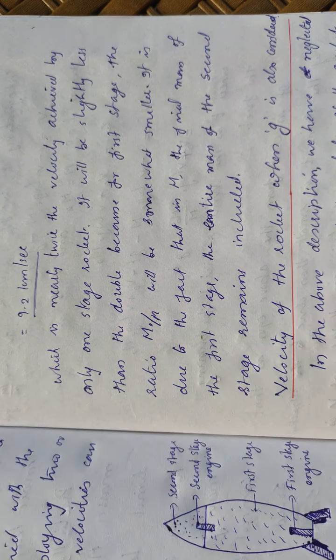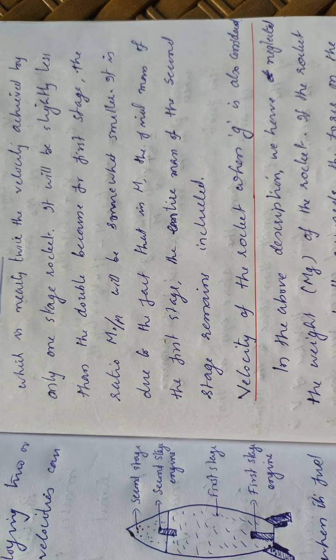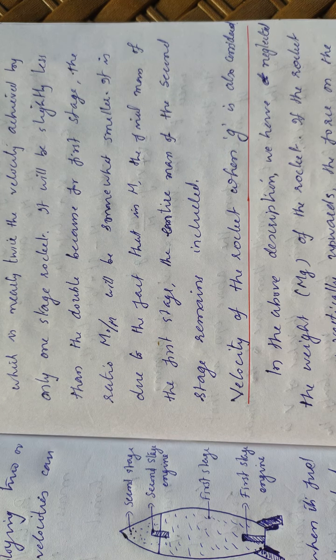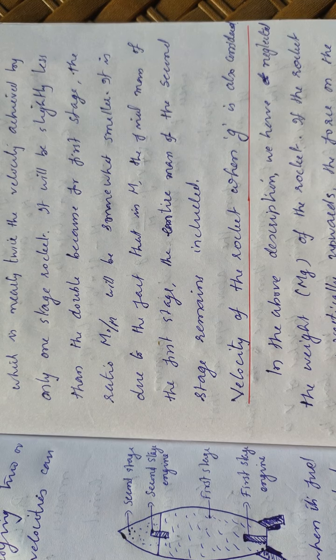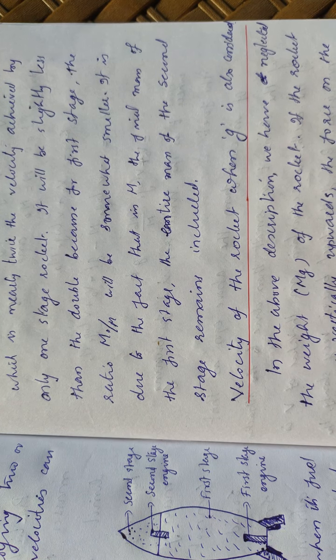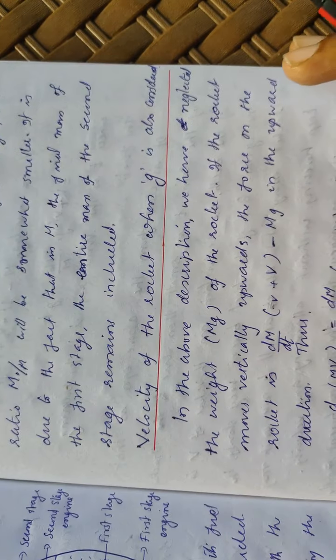It works on the principle of momentum conservation: the rocket moves outward due to the high velocity jet flowing out from the nozzle in the backward direction, which gives a forward momentum to the rocket according to Newton's third law.